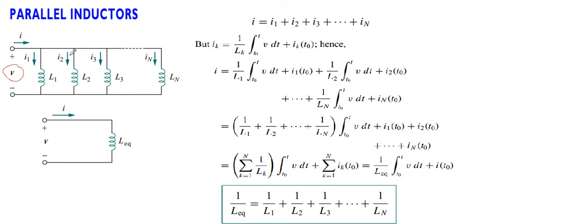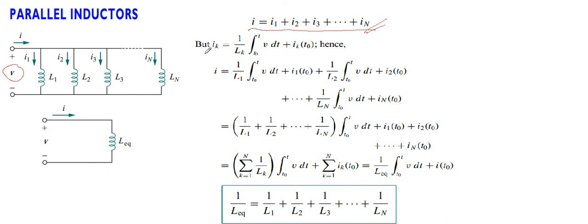So, therefore, we have a certain equation that we will use to derive the formula for parallel inductors. How do we get its L equivalent? Given this relationship that we have in our parallel circuit, we also know that we have the same voltage in all branches.